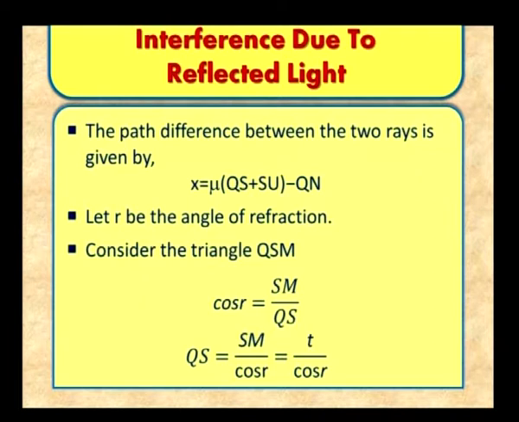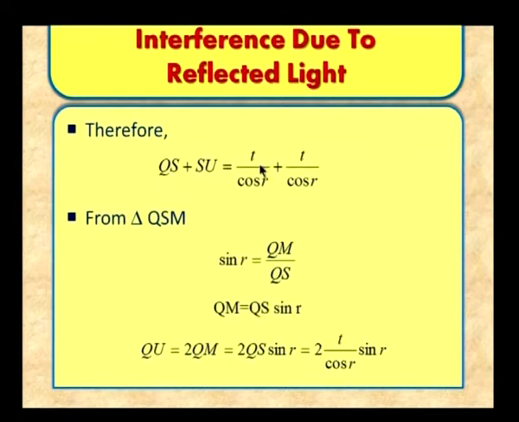So, the path difference will be written as mu times Q S plus S U minus Q N, but your Q S and S U are both equal to T by cos r. So, this will be T by cos r plus T by cos r. Let me now write x equal to T by cos r plus T by cos r, which is 2 T by cos r.